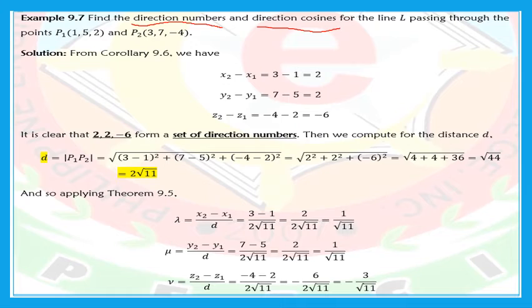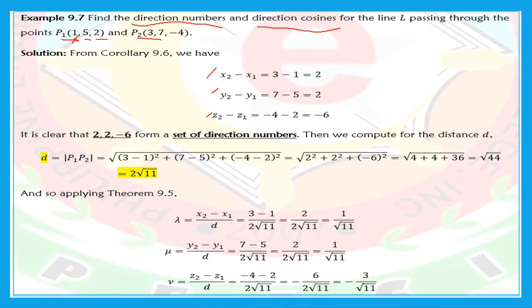Yung formula ng direction numbers is x sub 2 minus x sub 1, y sub 2 minus y sub 1, and then z sub 2 minus z sub 1. So, substitution lang. So, ito yung point P sub 1 natin, point P sub 2. Sa point P sub 1, we let this as our x sub 1, y sub 1, 5, and then 2 na z sub 1.